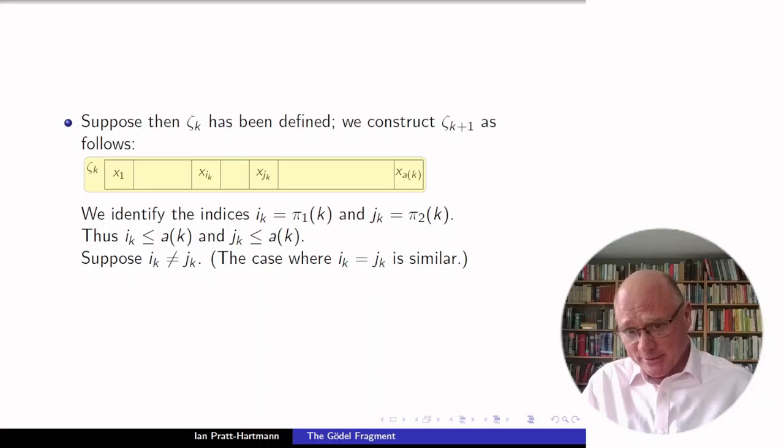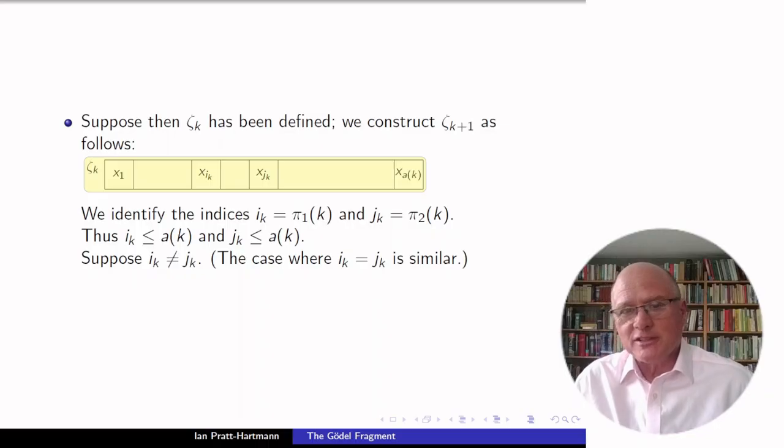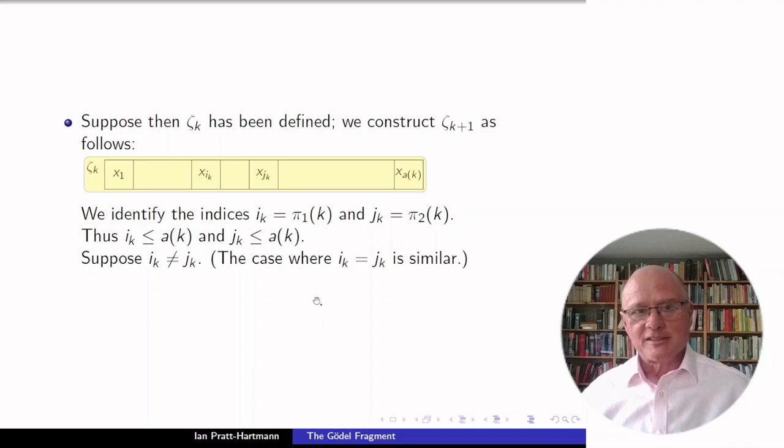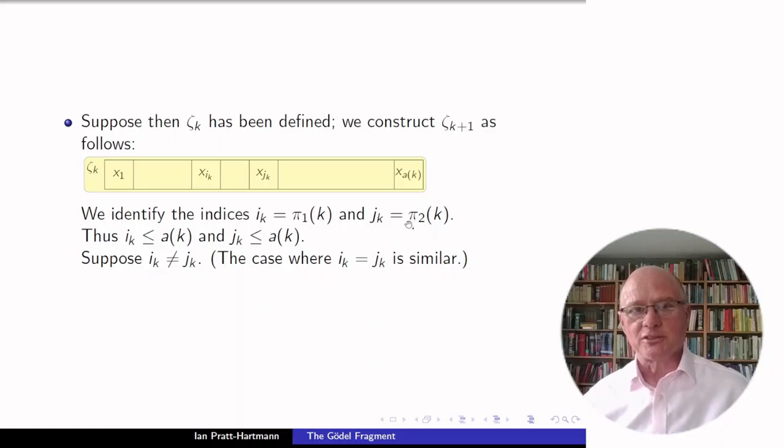Remember what pi 1 and pi 2 are? These are the inverses of our function pi, which maps the positive integer square to the positive integers bijectively. So any positive integer k represents a pair of integers, and pi 1 and pi 2 give you the decoding, so they tell you which pair of integers k represents.